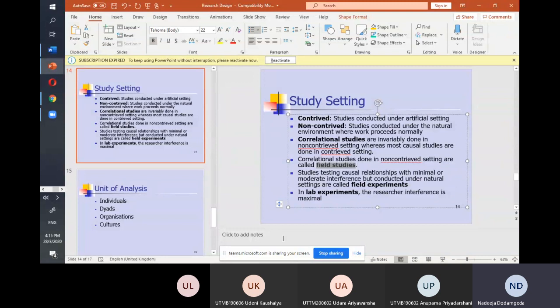Whereas field experiments are the kind of studies where you don't make strict manipulations, but you have some kind of moderate interference. If I put it across this way, let's say you want to find whether there is a difference in consumer behavior when you introduce a buy one get one free offer into supermarkets with respect to a certain product.